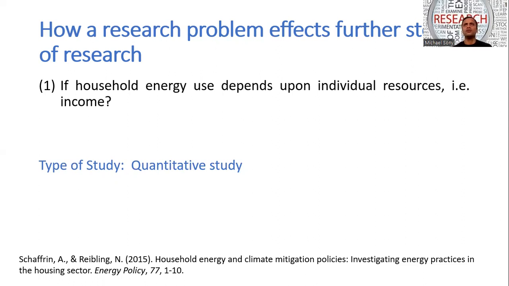Here the resource is defined, whether it is income, education, tangible income, or non-tangible income like motivation to use. Once you define the resources, you can associate them with household energy use, which is also a quantitative variable.